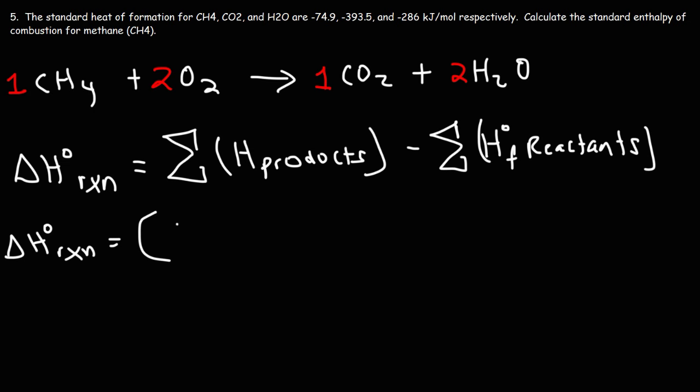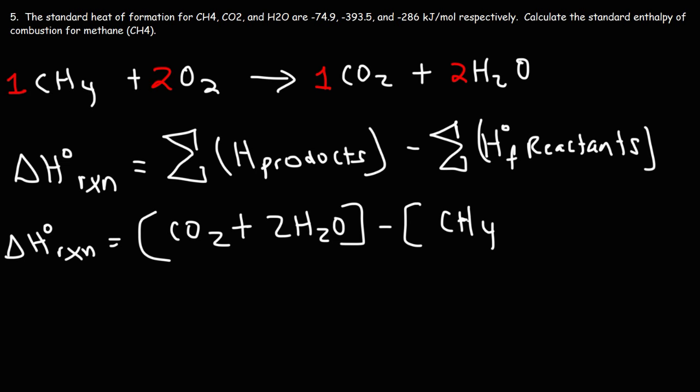So the products are CO2 and water, and the reactants are methane and O2. Now we know the heat of formation of CO2. That's going to be negative 393.5, and the unit is kilojoules per mole.